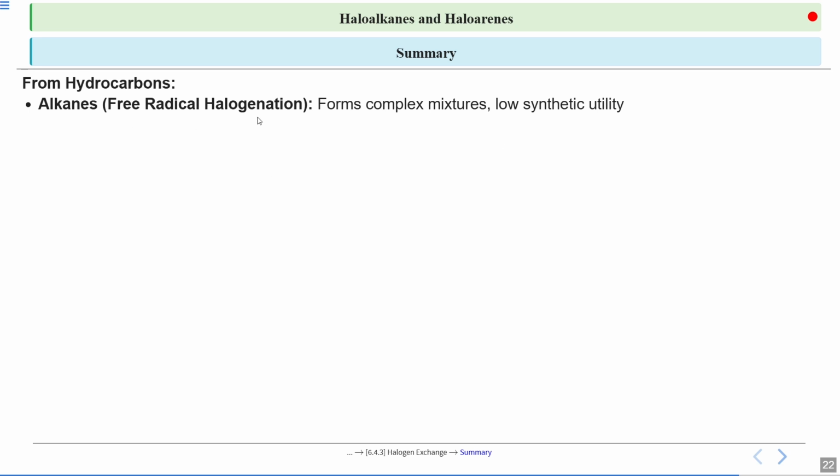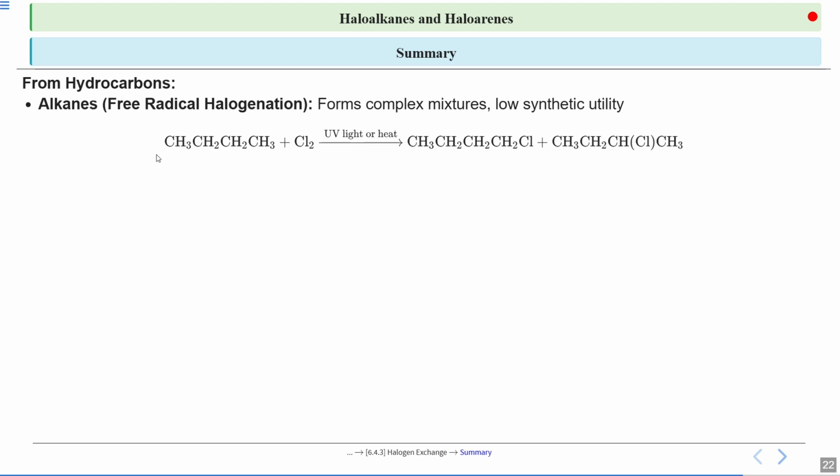When an alkane reacts with a chlorine molecule in the presence of UV light or heat, you get isomeric mixtures, and it is difficult to separate them.